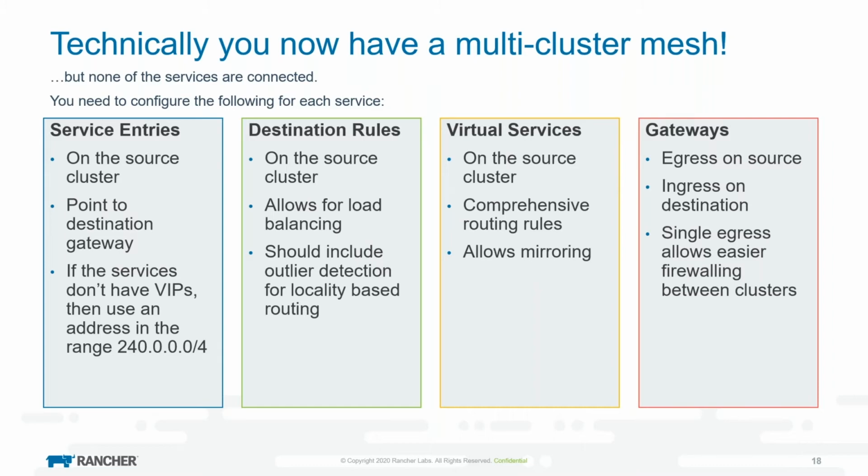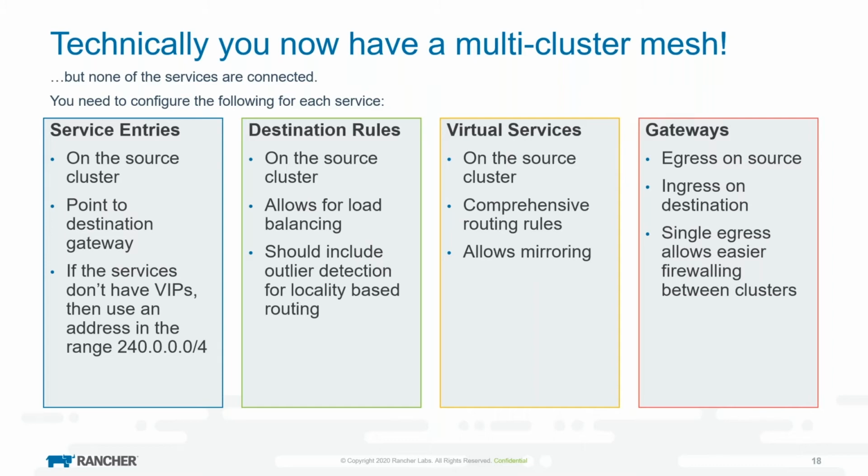Secondly, the destination rules. The destination rules take care of what's routed to the global DNS, making sure that you're load balancing, giving you the ability to provide weights to the various cluster endpoints. Virtual services, again on the source cluster, handle things like spreading work across a local instance and a remote instance, and they allow something called mirroring.